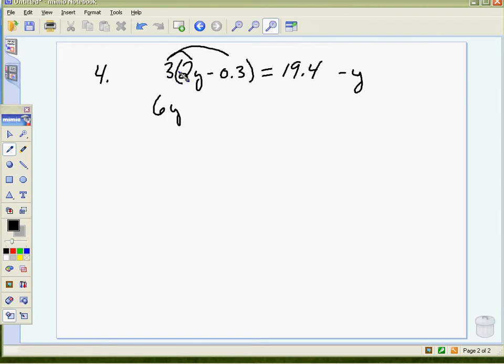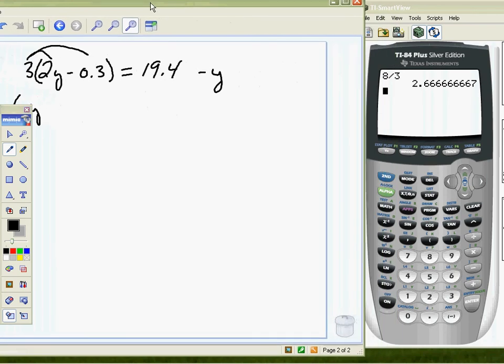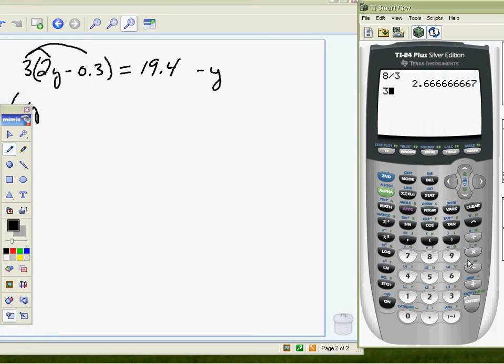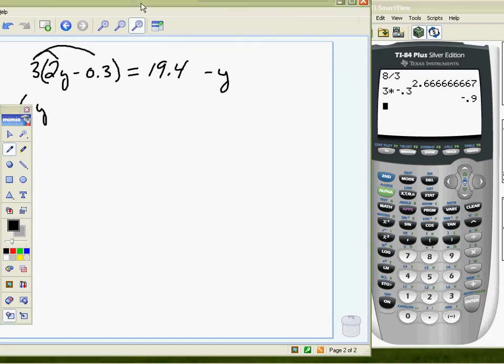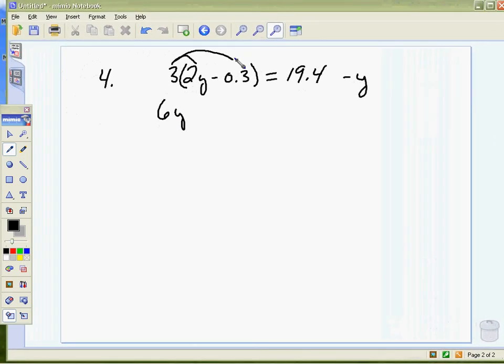Then I get 3 times negative 0.3, not 0.03, just 0.3. And I get negative 0.9. Bring everything else back down.